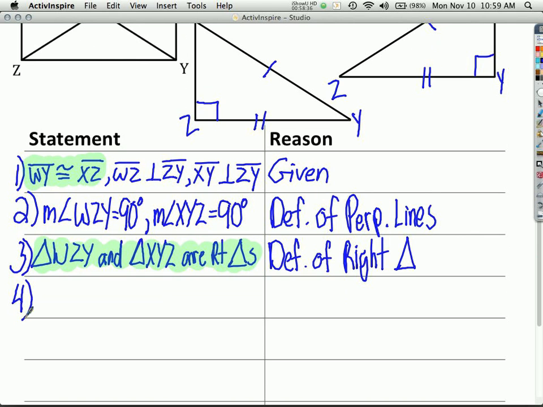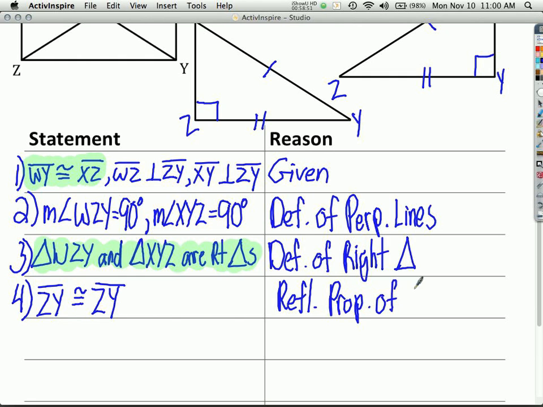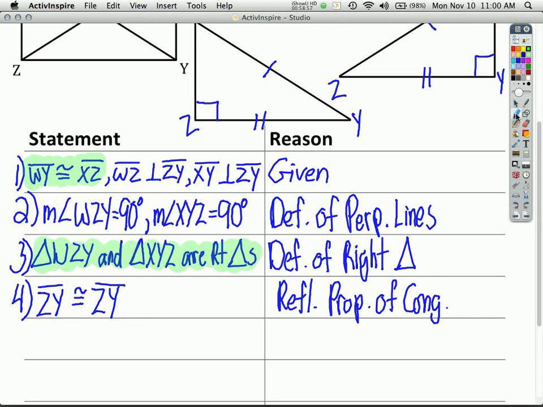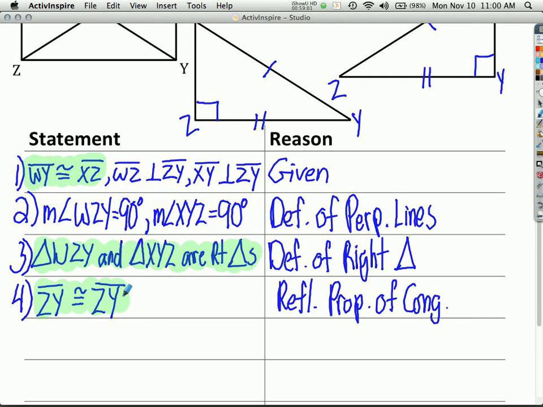ZY is congruent to ZY. Yeah. ZY is congruent to itself because of the reflexive property. And so we've got our third piece of evidence, and now we can make the conclusion. We have now proven the triangles are congruent.